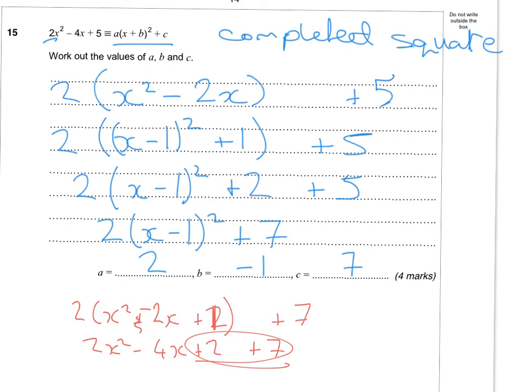I've got plus 9, I wanted plus 5, I've put the wrong sign on that there. That should have been a minus 2, not a plus 2. That will make that into a plus 3. Doesn't affect anything else. So that should be 3. Always check.